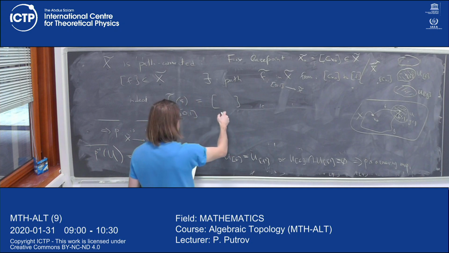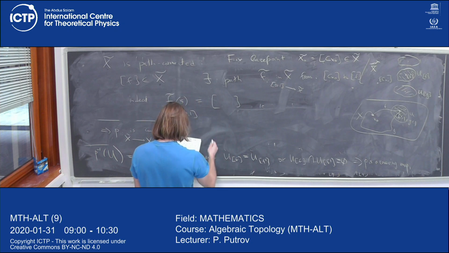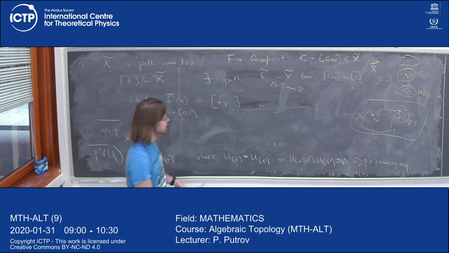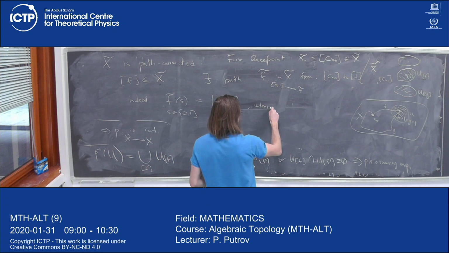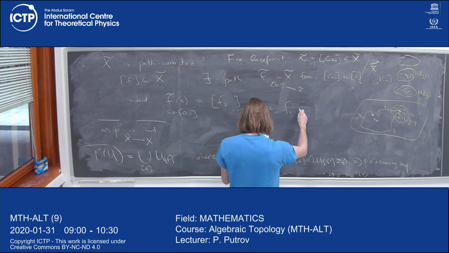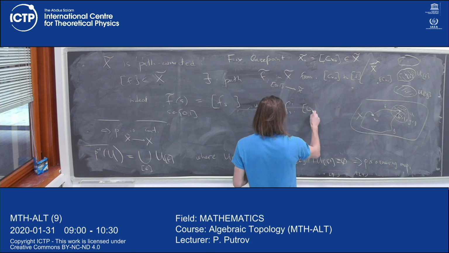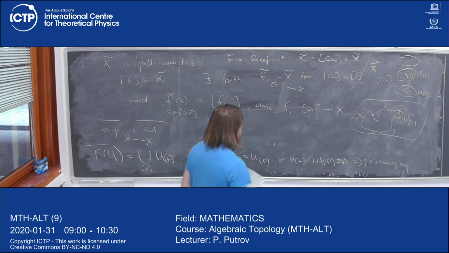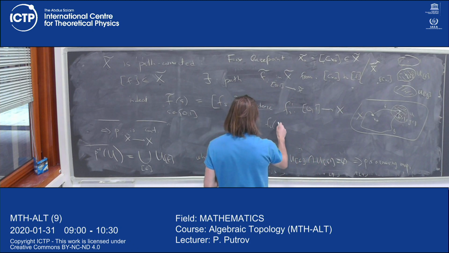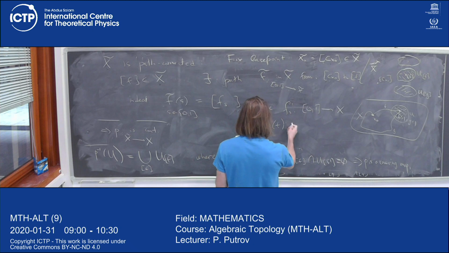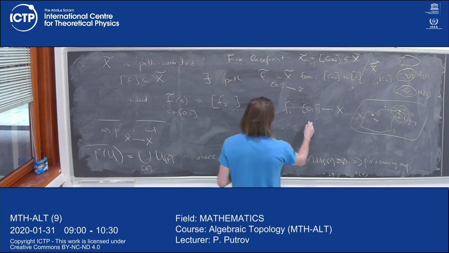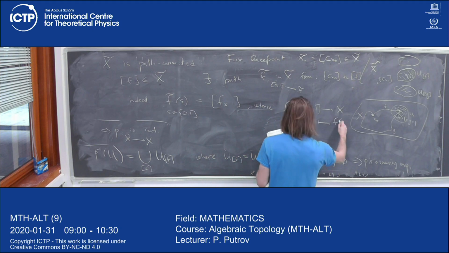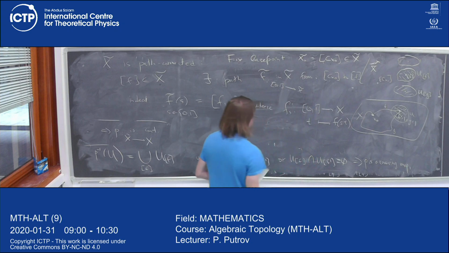So this will be some class of a path in X, some class of paths labeled by s, where f_s is the following path in X, which is defined as follows. So I just define it: f_s(t) equals f(st).